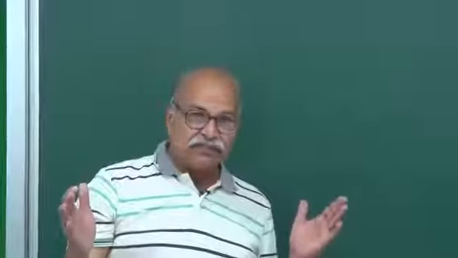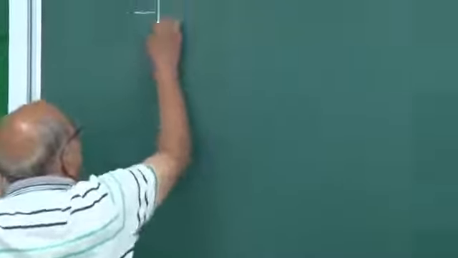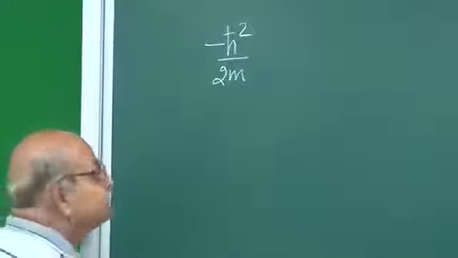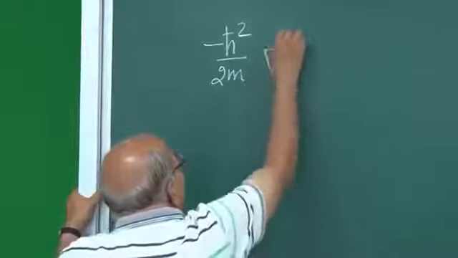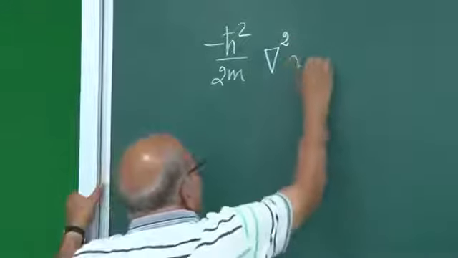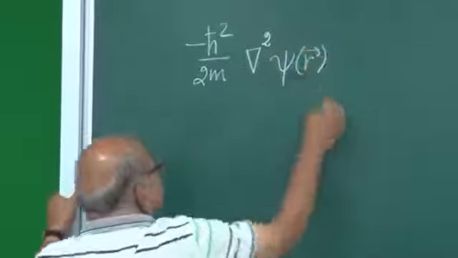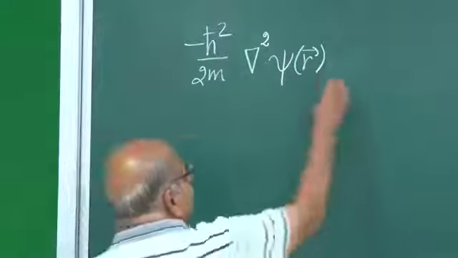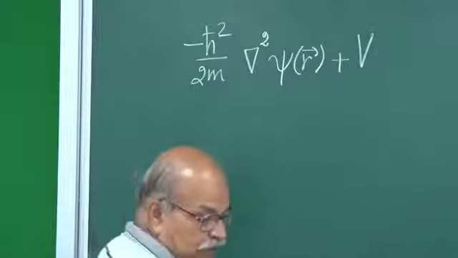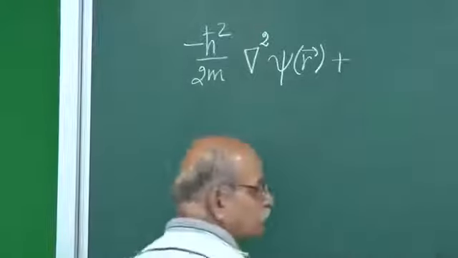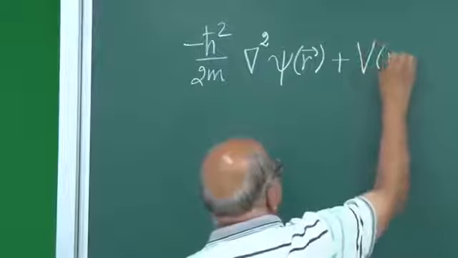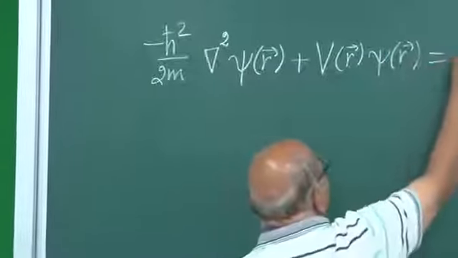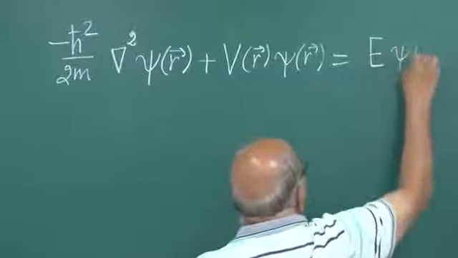So the central equation is minus h cross squared by 2m, where h cross is the same Planck's constant divided by 2 pi, then del squared, which I'll talk about, acting on a function of the space point x, y, z, or whatever coordinates you use to describe a point in space, plus V, the potential energy, of the same position, times psi of r, equal to E, the energy, times psi of r.